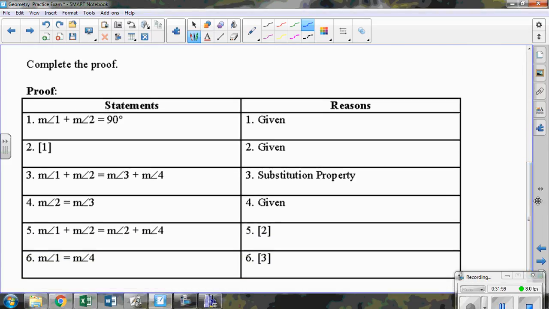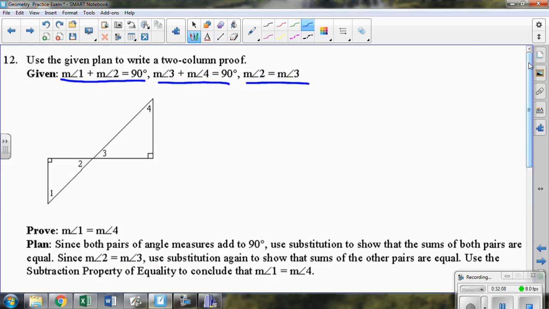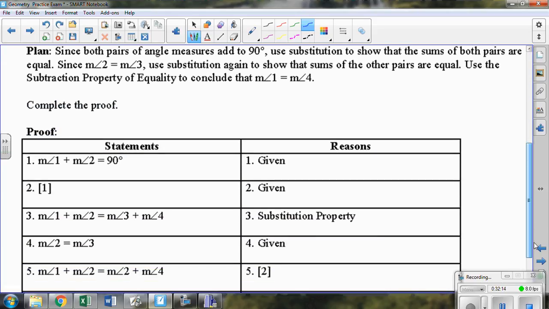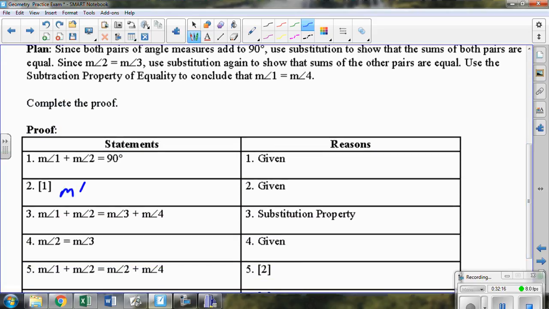So running through, measure of angle 1 plus measure of angle 2 equals 90, that's given. For line number 2, what other statement was given? Well, we used that one already. Just keep it in concert, measure of angle 3 plus the measure of angle 4 equals 90.